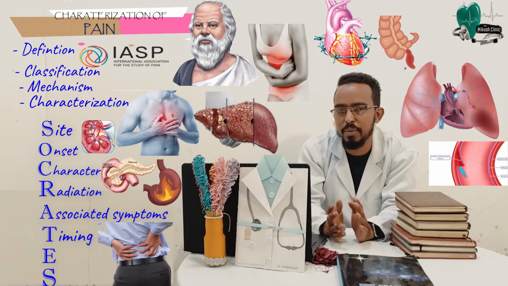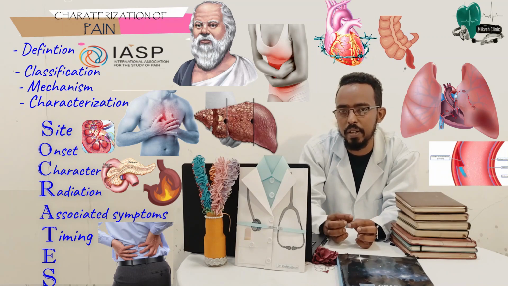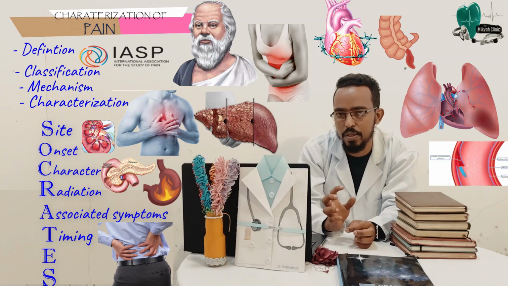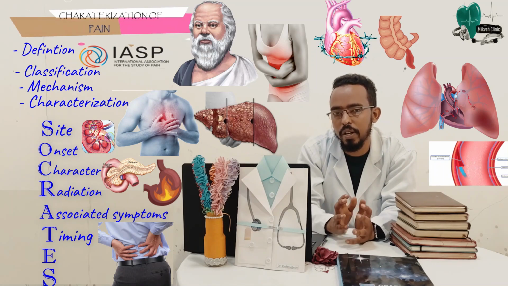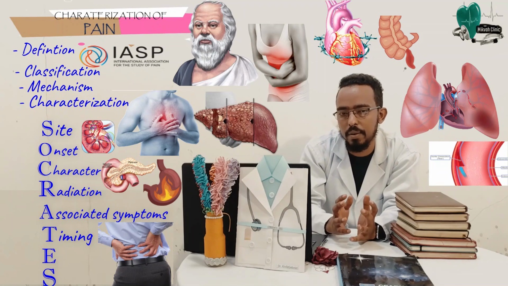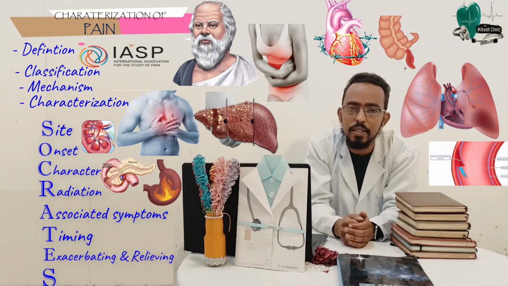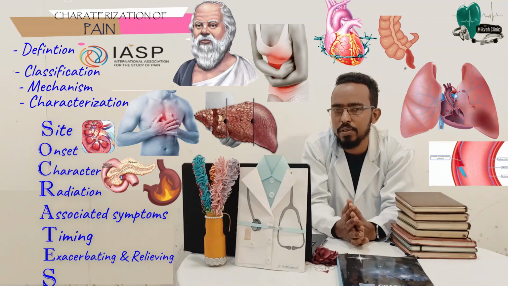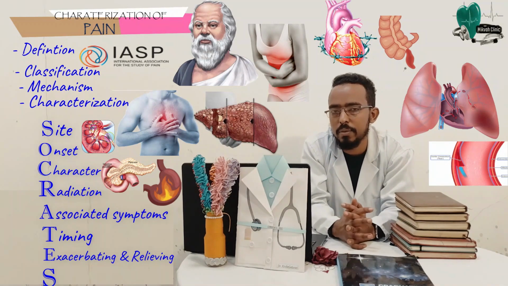For example, in patients with ischemic heart disease or cardiac ischemia, usually the pain will radiate to the left part of the shoulder and to the left arm. So these radiation characteristics are usually more typical for ischemic heart disease. In patients with pericarditis, usually the pain will radiate to the edge of the trapezius muscle.